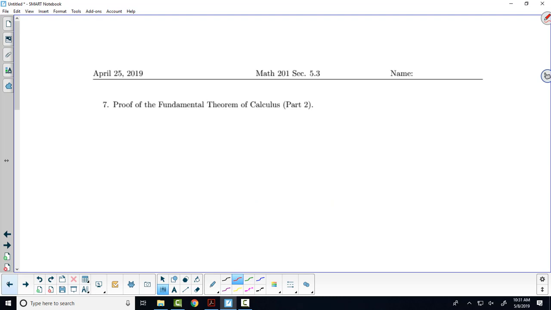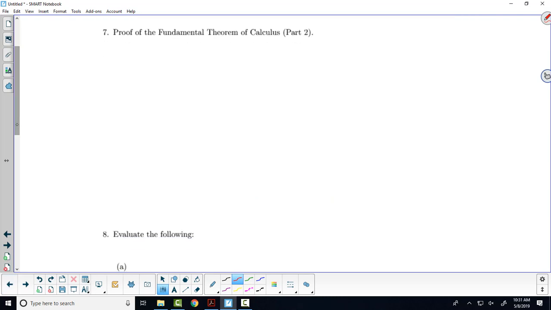All right, here's the proof of that. Okay, so consider the integral from a to b of f of x dx. I think it's on page 2.